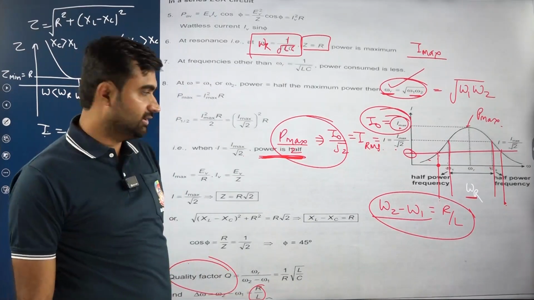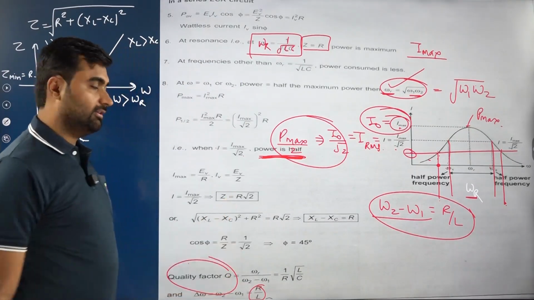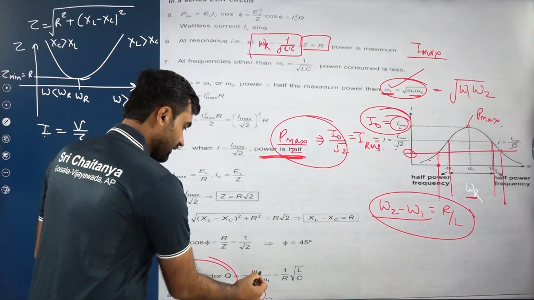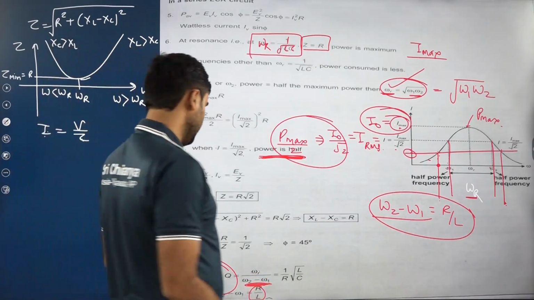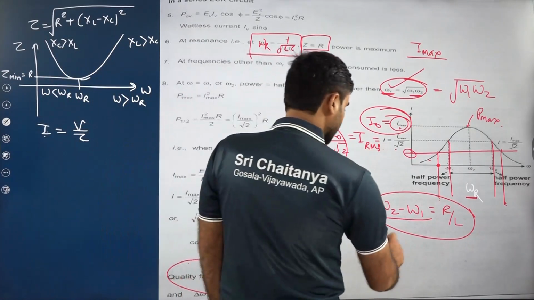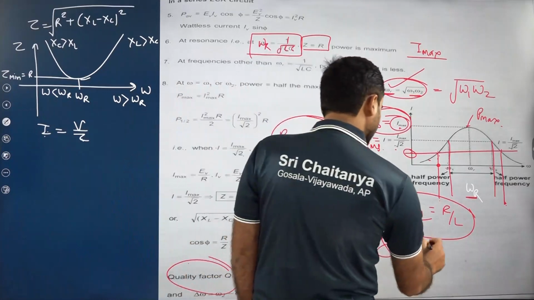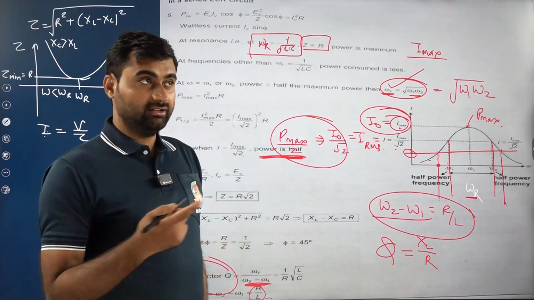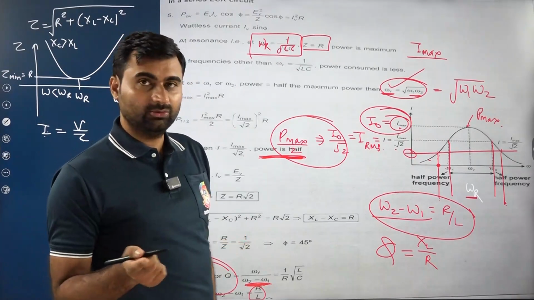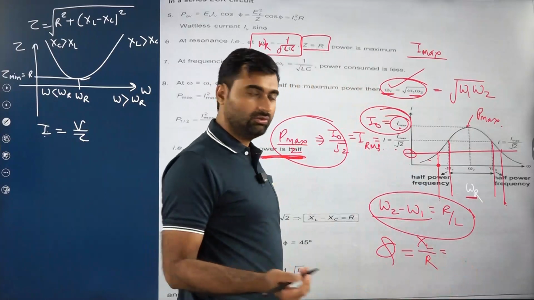Okay. Now, one more very important thing, quality factor of the alternating current circuit. This formula you have to remember. It is omega resonating by omega 2 minus omega 1. Quality factor we represent by Q, and it is XL by R. You know, at the time of resonance XC and XL both are equal, so you can write XL by R, otherwise XC by R also.